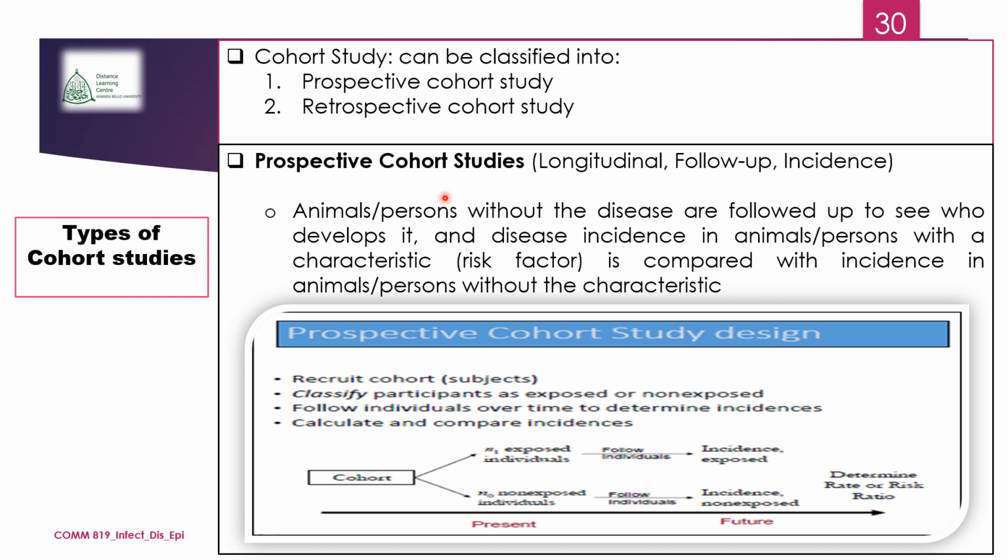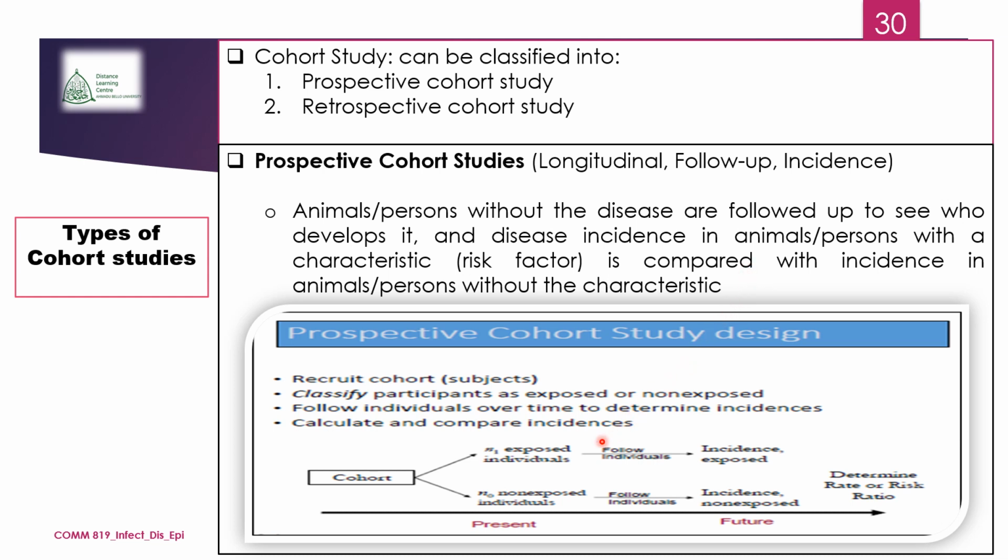Here, persons without the disease are followed up to see who develops it at a later time, and disease incidence in persons with a characteristic risk factor is compared with incidence in persons without that characteristic.